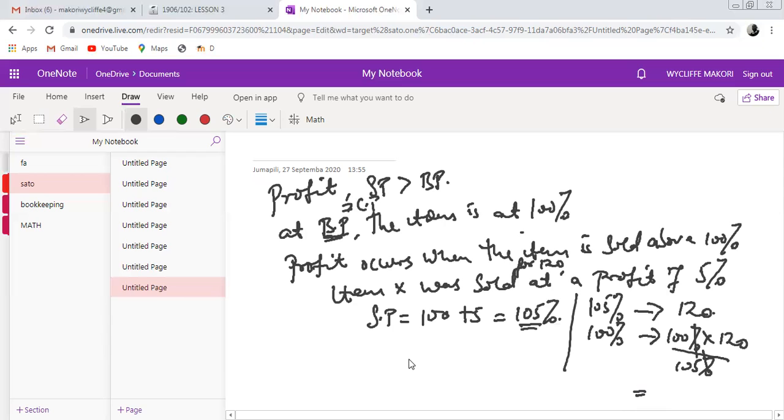You find that the item must have cost 114.29 shillings. So you can solve this question by having that concept in mind. At the cost price, it is 100%. If profit was made, it was sold above 100%.